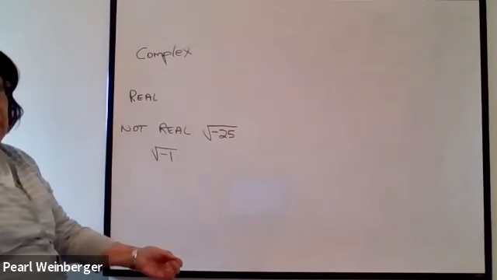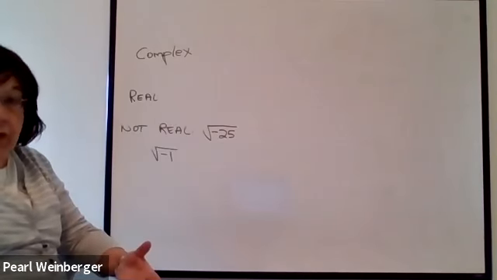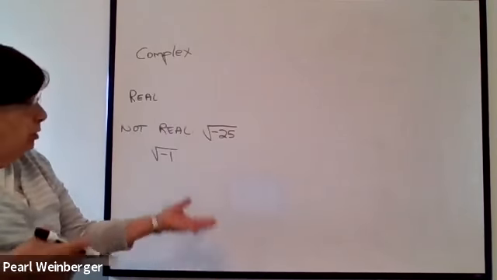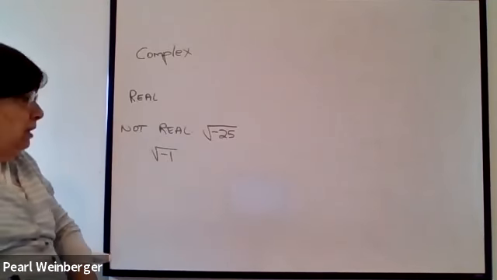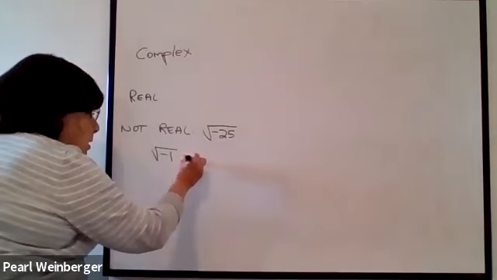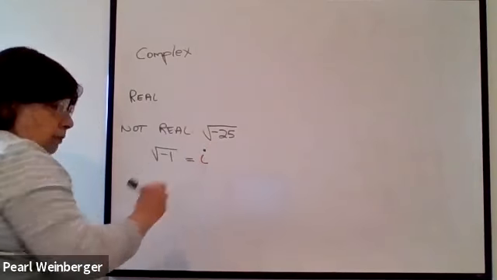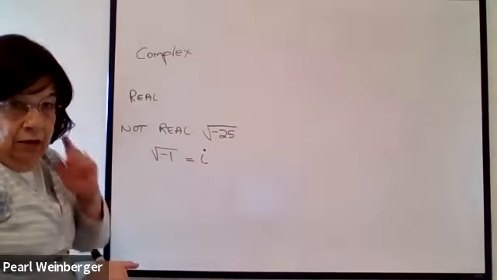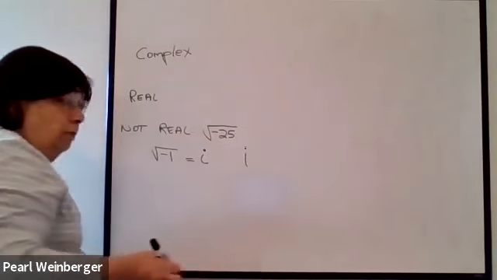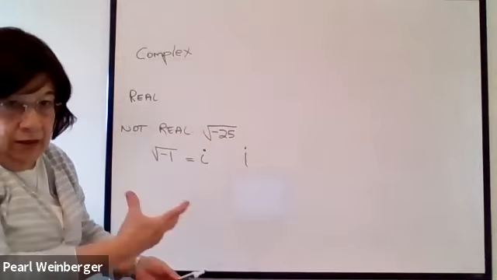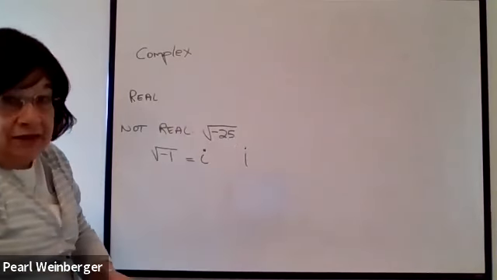And we've got to give it a name and a symbol. It can't be something that we've already used because this is something new. I can't call it 17, because 17 is already a real number. We give it the name i. Now, notice how I write the i, not just with a line and a dot, because especially on Zoom, you probably will see the line and might not see that dot.